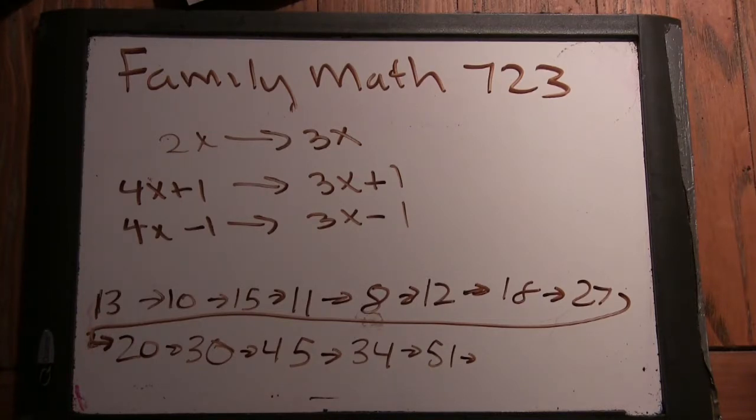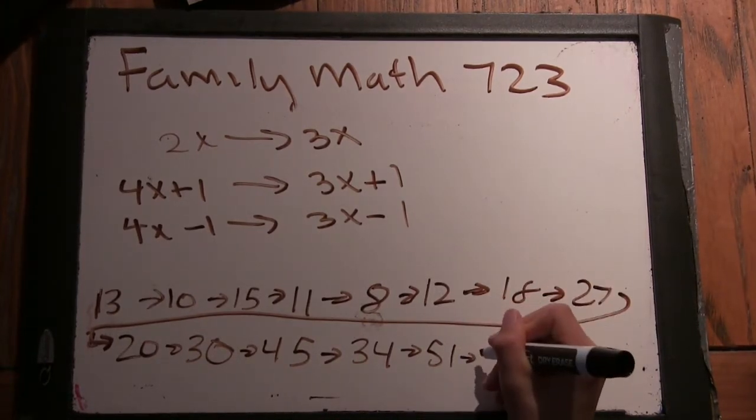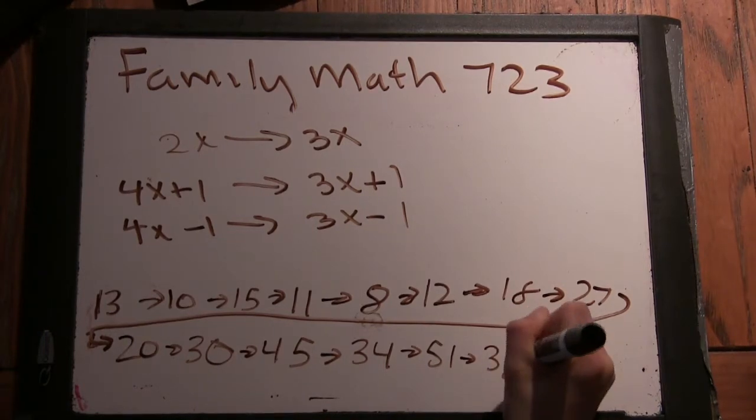Where's that go? Well, 52 is a multiple of 4. So it's 4 times 13, subtract 13, 38.